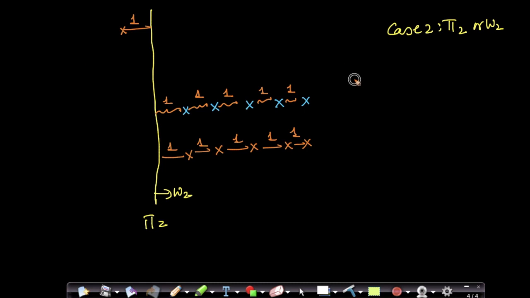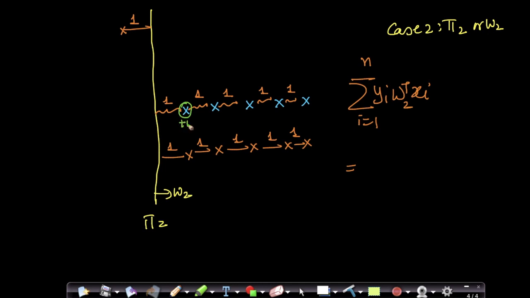Now let's do the summation of yi times w2 transpose xi, for i equals 1 to n. So what does it look like now? This is the important part. This is a positive point at a distance of 1 unit, so yi equals 1, w transpose xi equals 1.